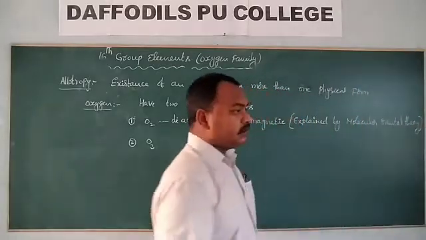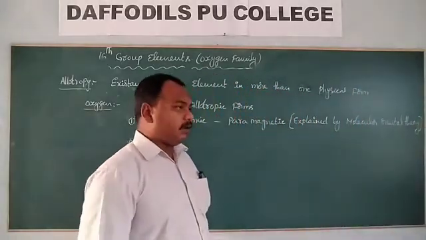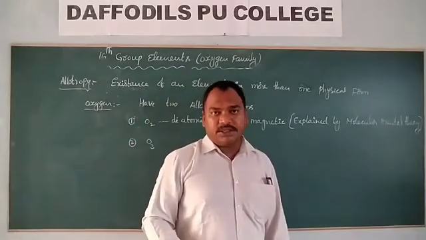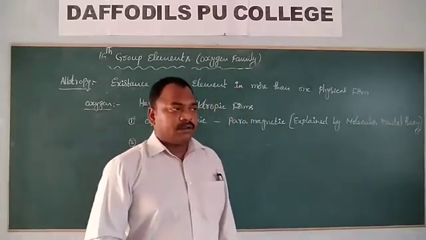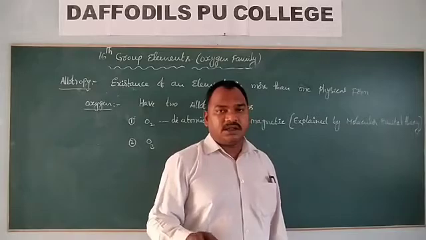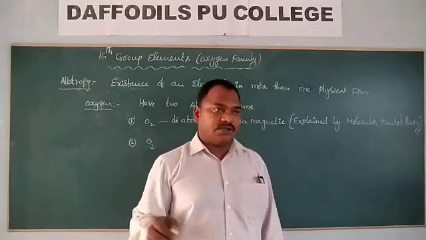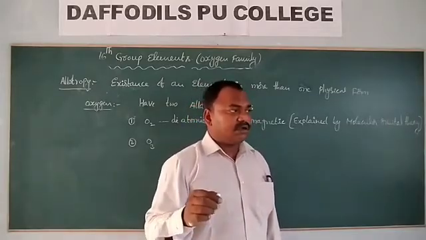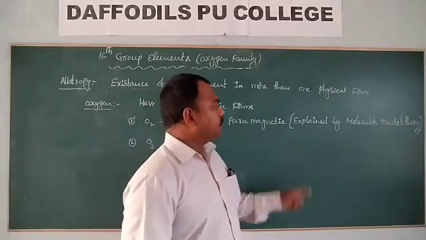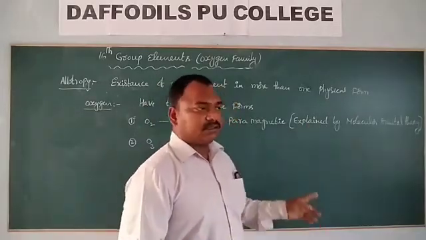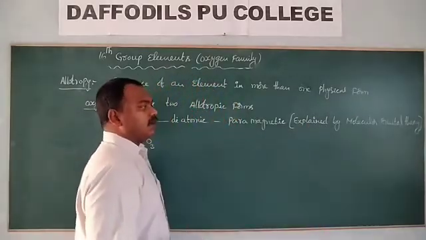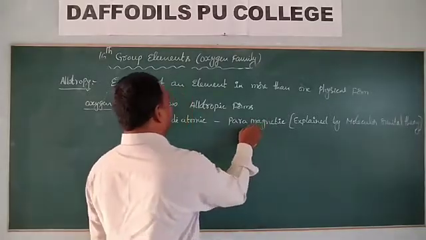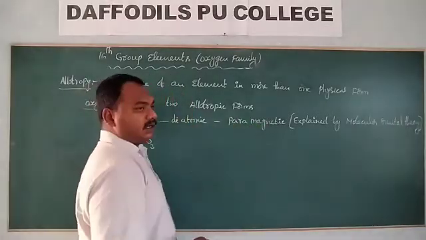Oxygen, you know this one. In first year in chemical bonding, you wrote the oxygen molecular orbital electronic configuration. In pi star molecular orbital, you see the unpaired electrons. So oxygen is paramagnetic.